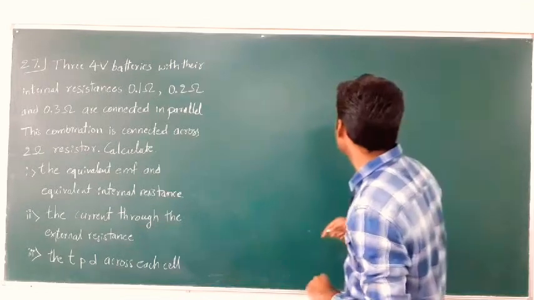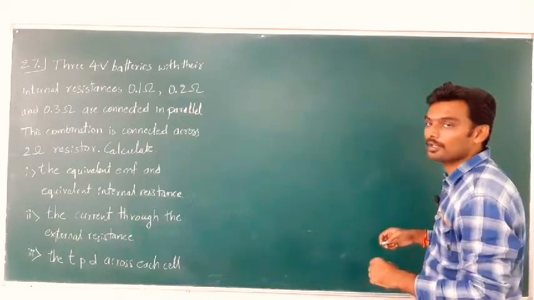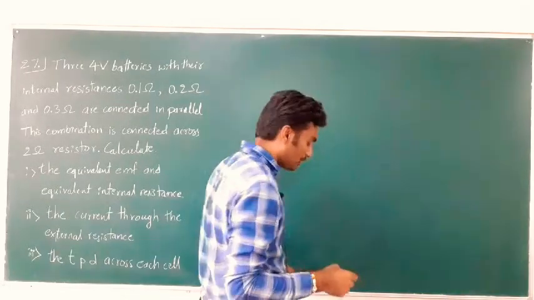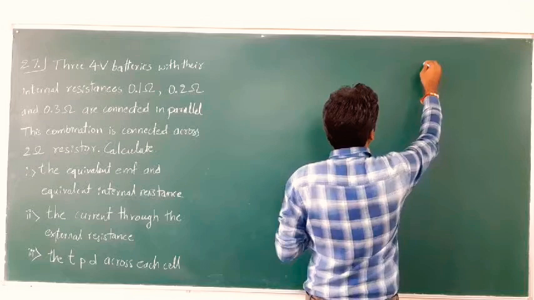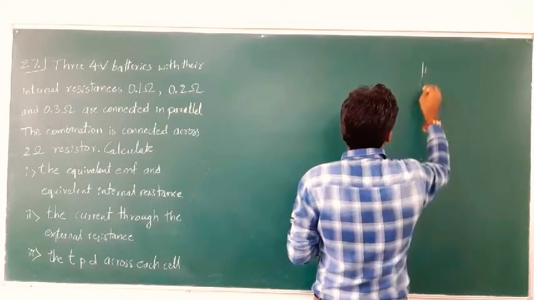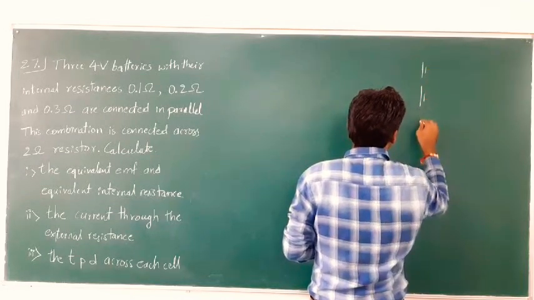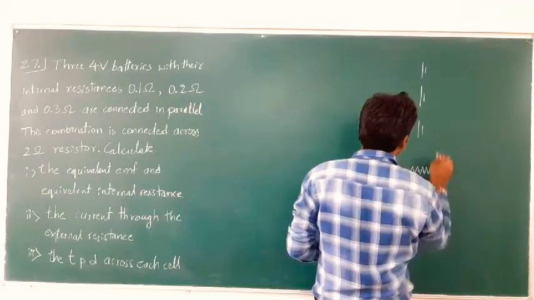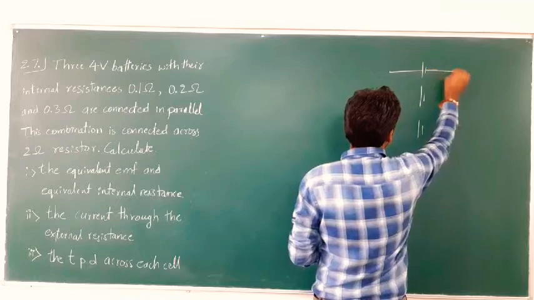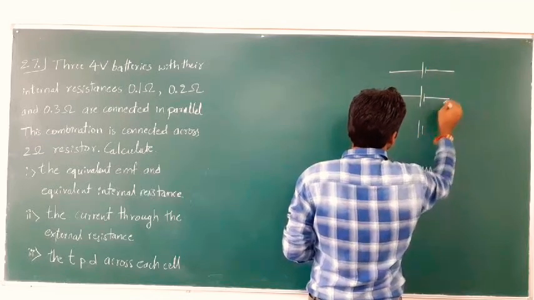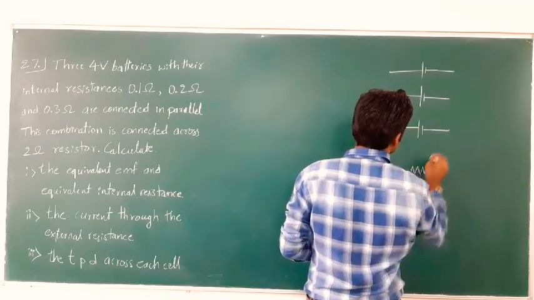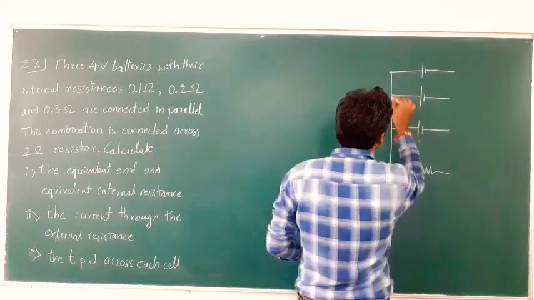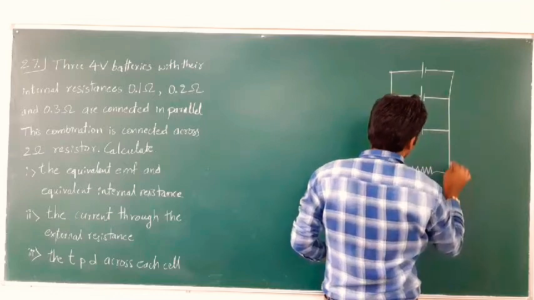Let me draw the circuit for this. What we have here is three 4-volt batteries of different internal resistance connected in parallel across an external resistance. So this is how the combination looks.